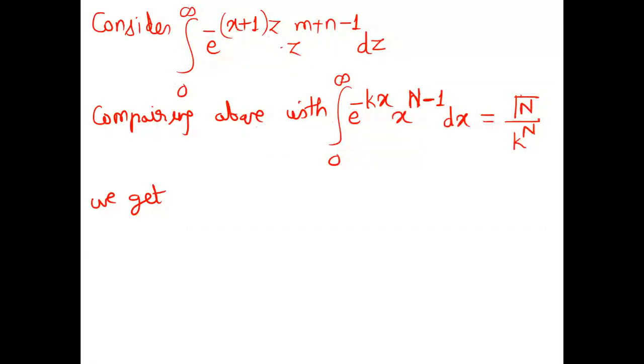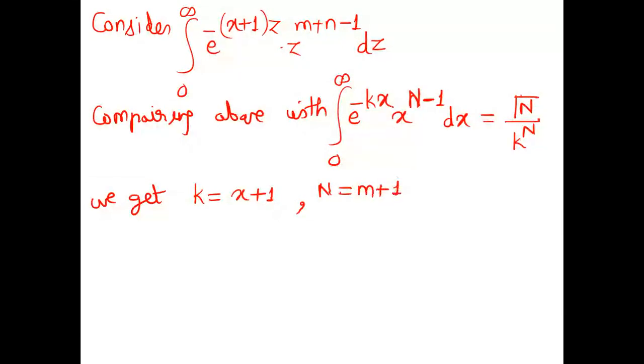What you will find is that k is x plus 1. Why? Because the variable of integration is z, so anything other than z is constant. So k is x plus 1, and N is nothing but m plus n.